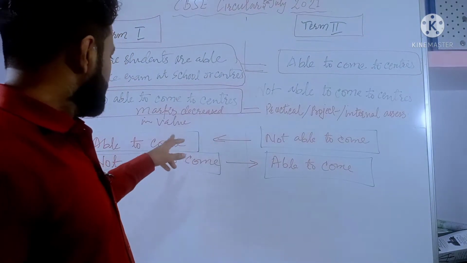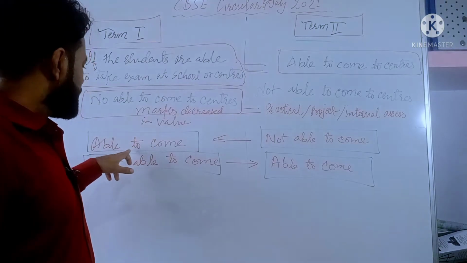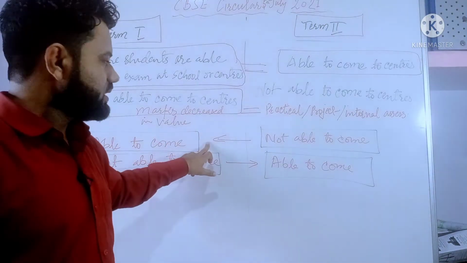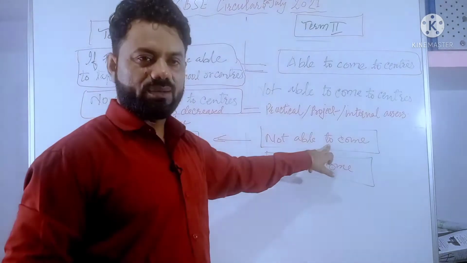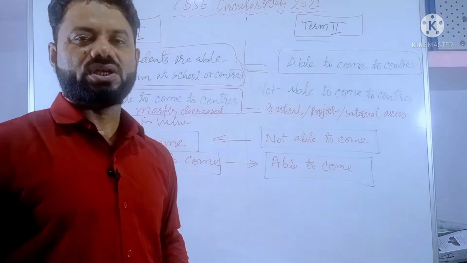Now try to understand next situation. In the first term, the student is able to come to center, but in the second term is not able to come to center. The value of the second term will be decreased.